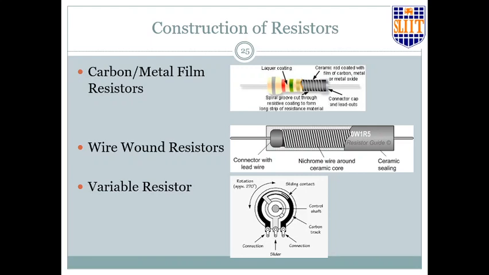So the errors are more compared with the wire wound. Now wires can be precisely drawn, and you can even measure the exact resistance and then wind it. So the accuracy of wire wound resistors is high.